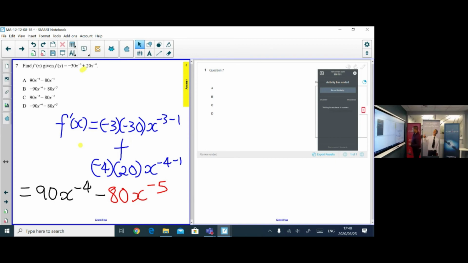Okay, so this, according to our answers provided, is the solution, that should be solution number A. Let's check our answer there. A as we have shown. So that will be correctly our A.